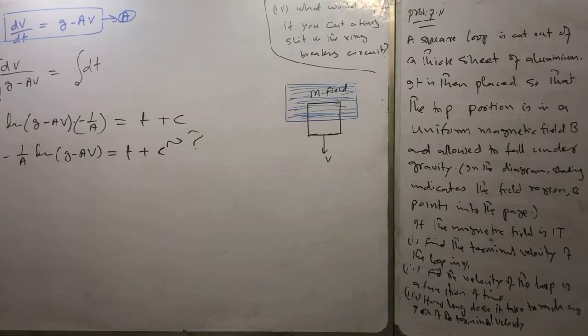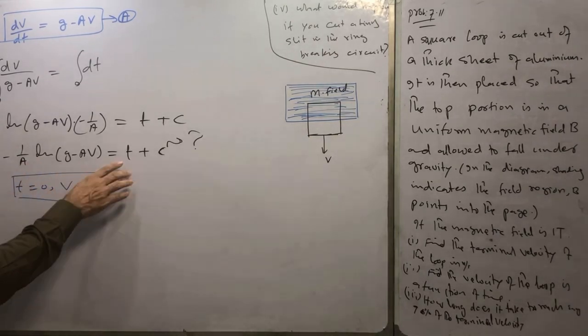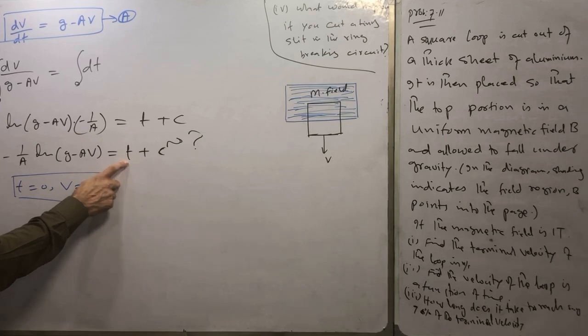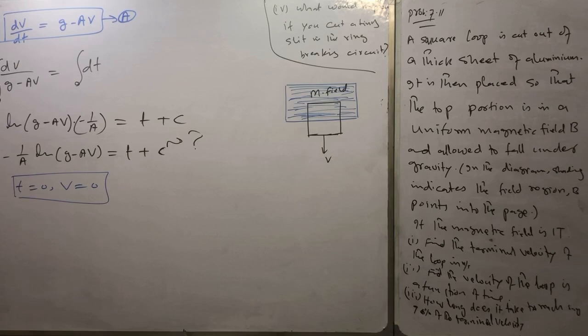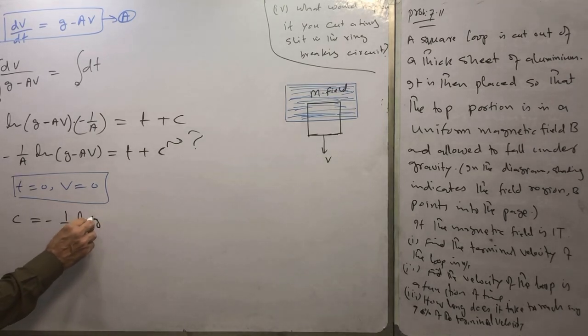To find this, we put in the initial condition. The initial condition is that when time t = 0, the velocity v = 0. That gives us the value of c: c = −(1/a) ln g.